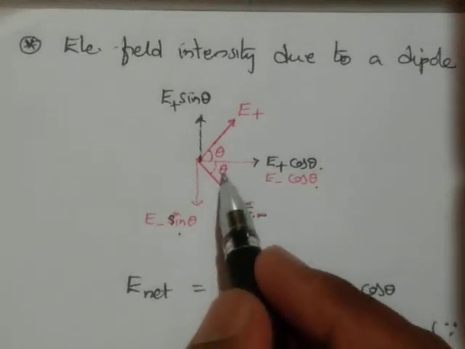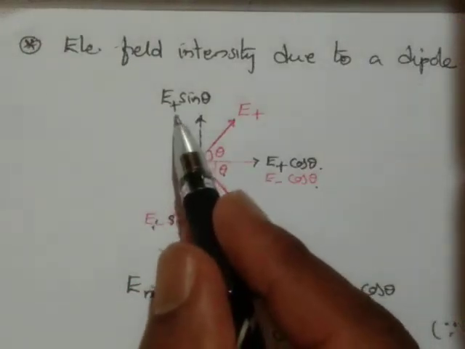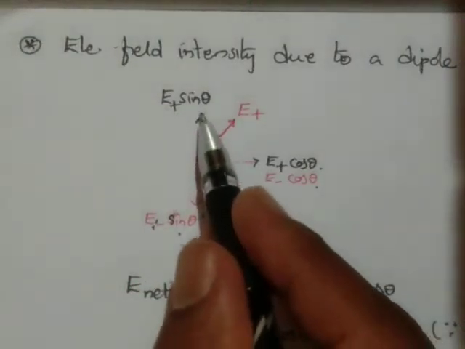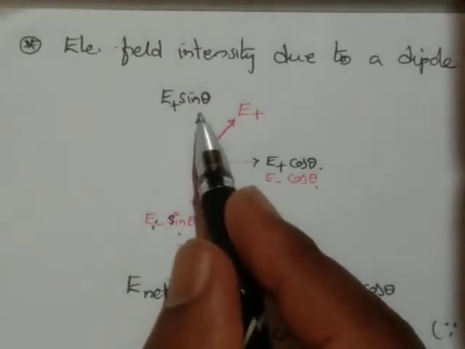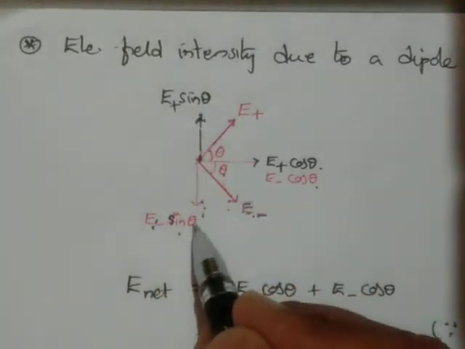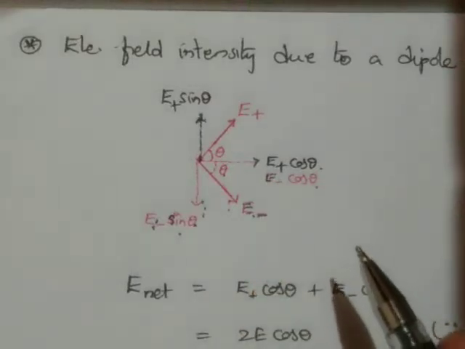Since the theta is the same and the magnitude of E is also the same, these vertically opposite quantities cancel each other. So E plus sin theta and E minus sin theta, since both are the same in magnitude but acting in opposite directions, there is no sine component in field intensity. So we can take the cos component only.